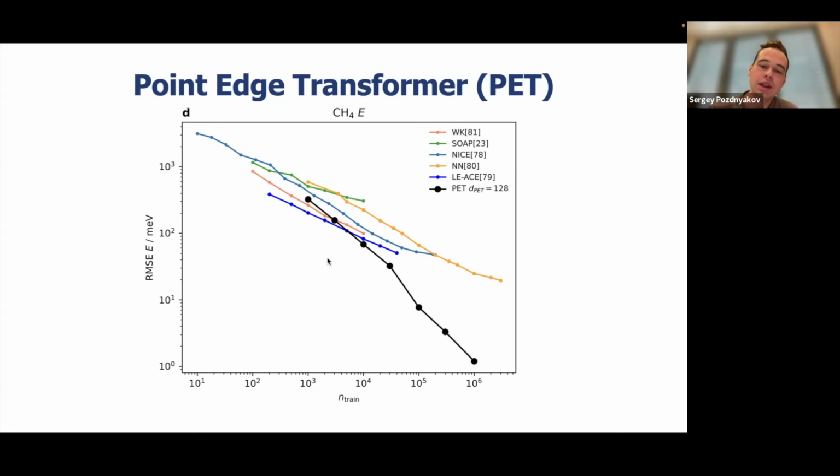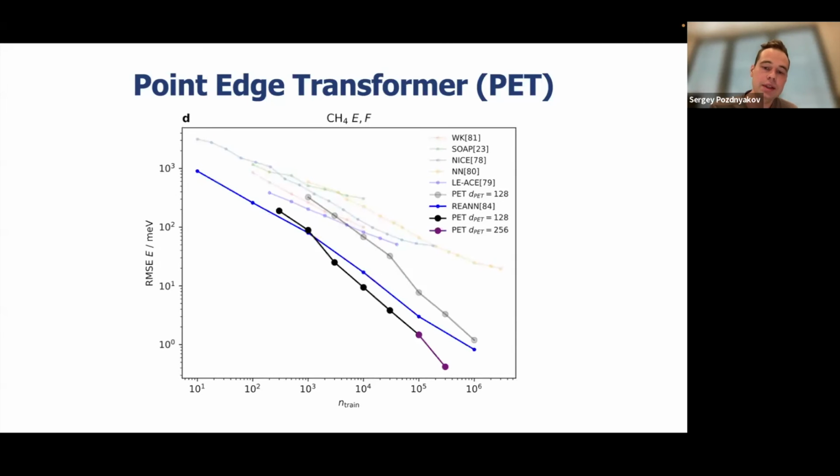And the blue line is basically ACE, the linear regression based on the ACE features with very carefully selected physical preconditioning and very carefully selected physical inductive bias. Because of this, this model is actually the best of all the others. It performs really well in the data-scarce regime. But as the number of training configurations increases, we observe that PET eventually outperforms these models. So there is an intersection.